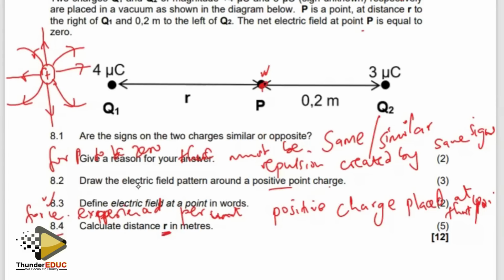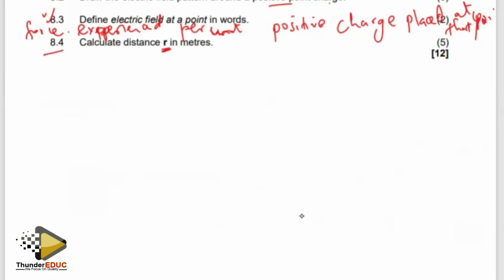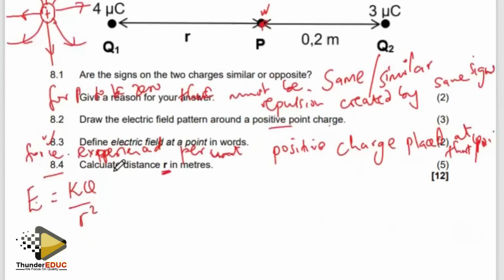But remember, they told us the net electric field. So we need to get the formula for the electric field, whereby we know that E is KQ over r squared. So we need the electric field at P as a result of Q1, and then that one as a result of Q2. So that's going to be 9 times 10 to the 9 multiplied by 4 times 10 to the negative 6, because that's micro, over the distance of separation, which I don't know, I'll call it r squared.